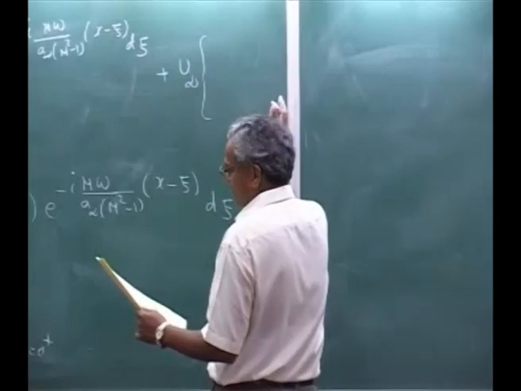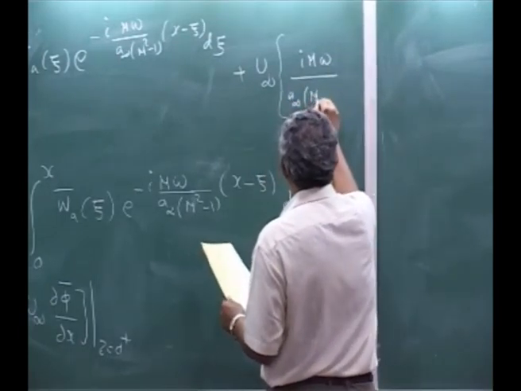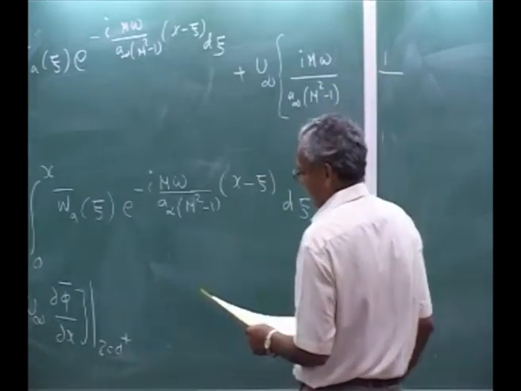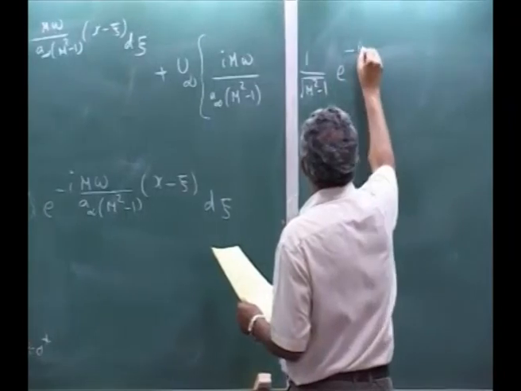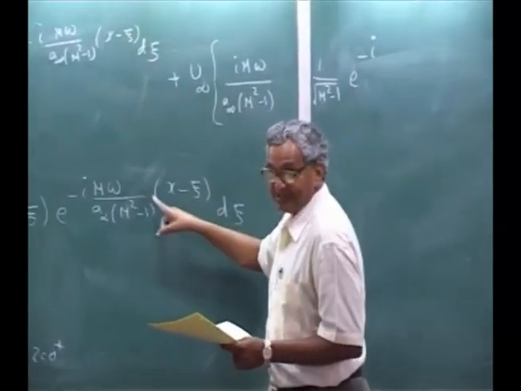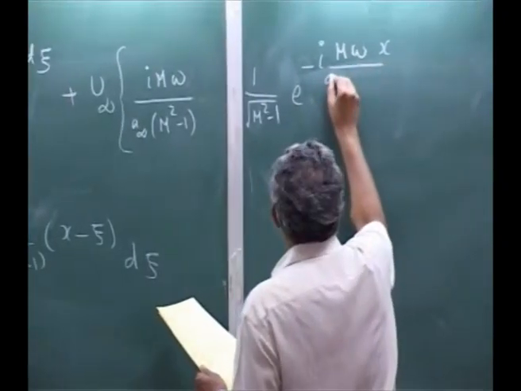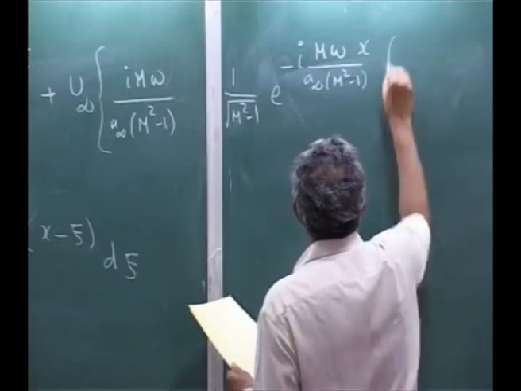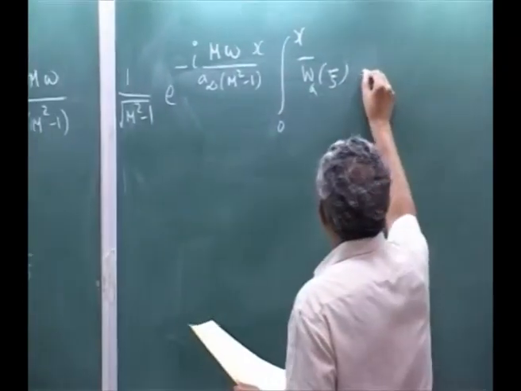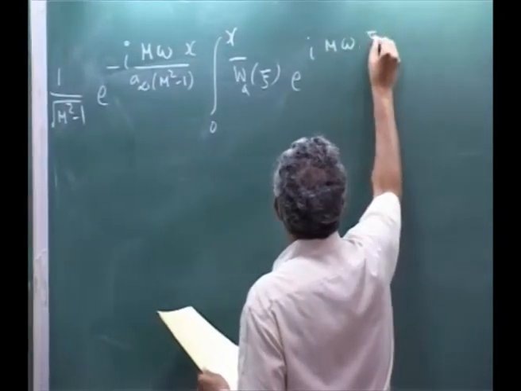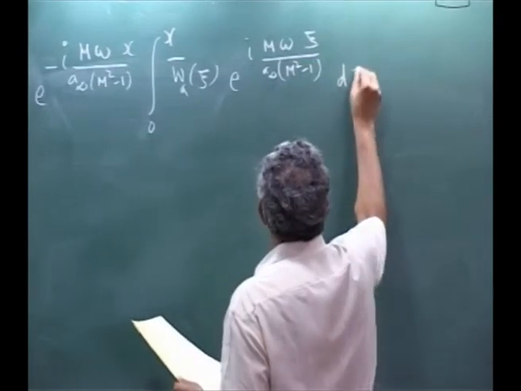I will write the full expression: I m omega over A infinity m square minus 1, over root of m square minus 1, e power minus I m omega x over A infinity m square minus 1, integral 0 to x, into e power I m omega psi over A infinity m square minus 1 d psi.